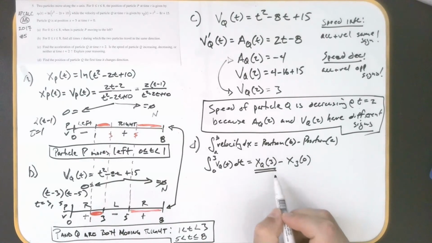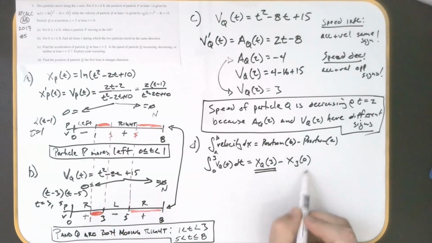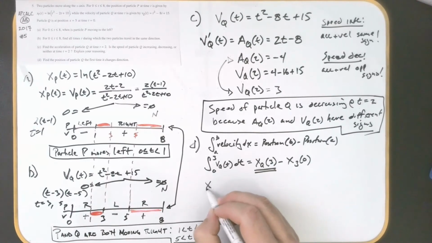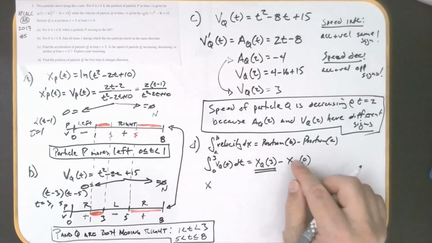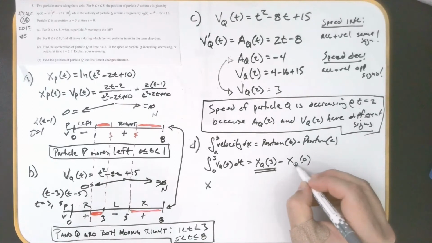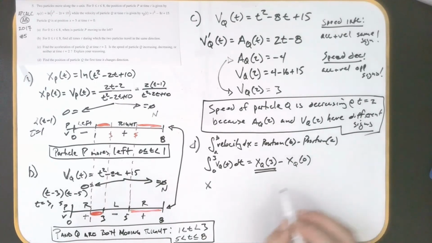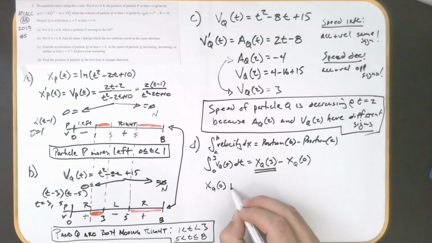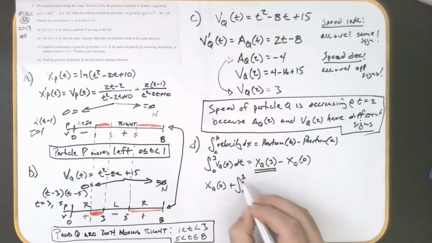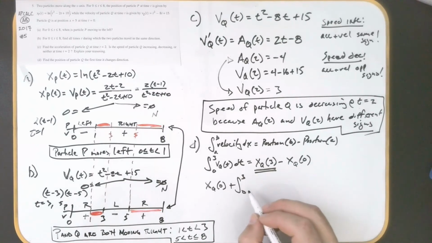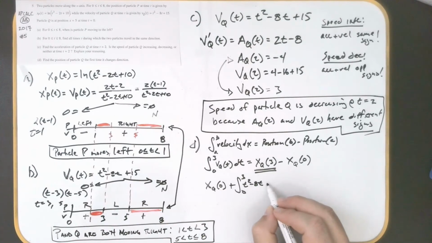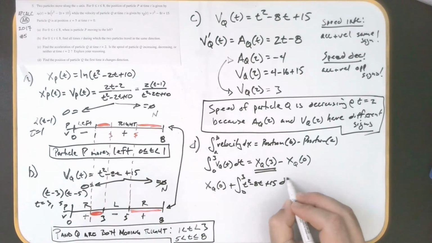So we have to isolate this. I'm going to add it over, and I'm going to say x sub q at 3 equals x sub q at 0 plus the integral from 0 to 3 of my velocity function, t squared minus 8t plus 15 dt.